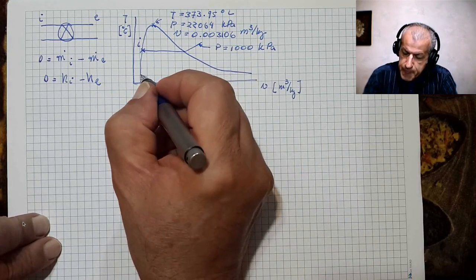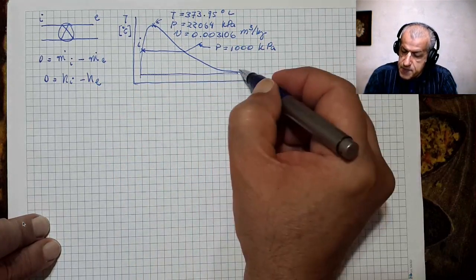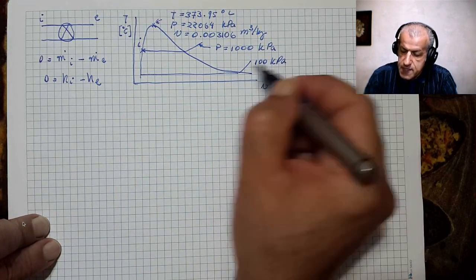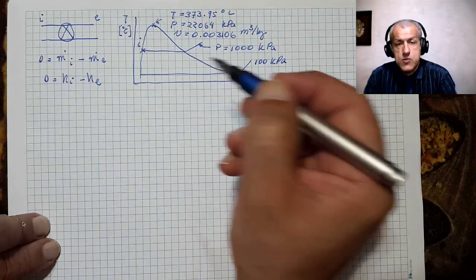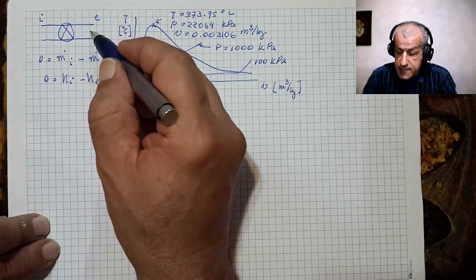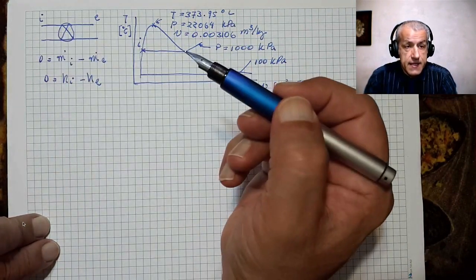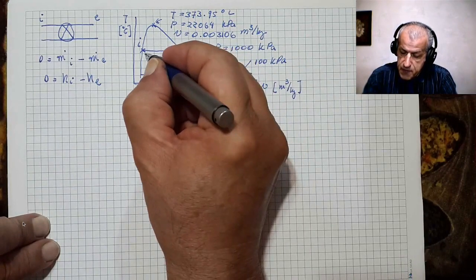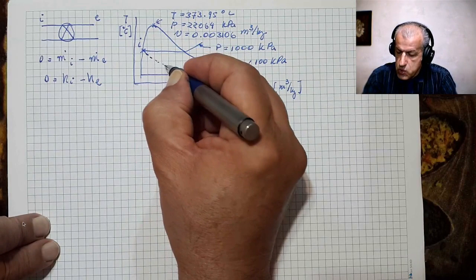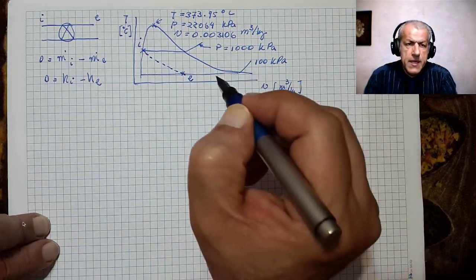And we have another constant pressure line, which is 100 kilopascals. And we assume that the exit is at 100 kilopascals, the inlet is at 1,000 kilopascals, and therefore a process happens which would look like this one. So E is here.